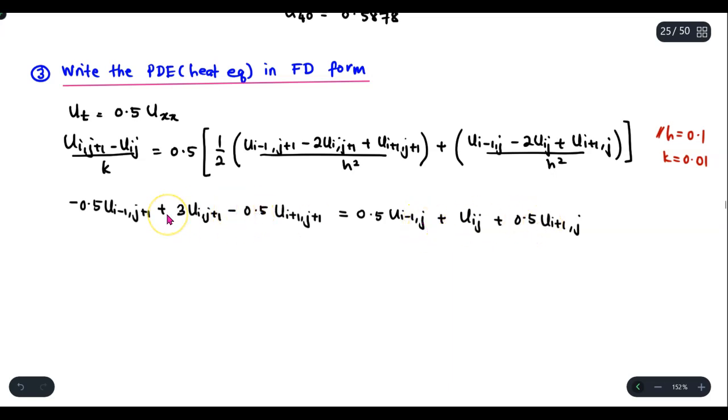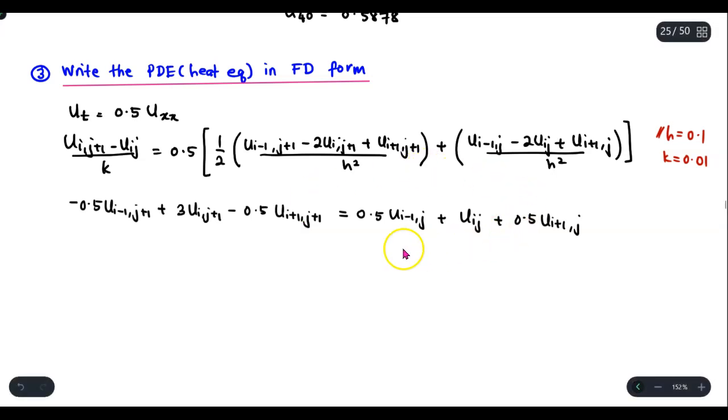For each side, try to arrange your u terms according to the position of the grid. So we put ui minus 1 first, in the middle should be ui, then on your right should be ui plus 1. You can imagine the grid, i in the middle, so the left is i minus 1 and the right is i plus 1.